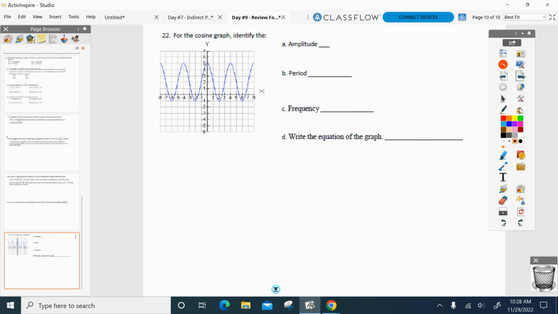All right, amplitude. Use the formula. Max minus min over 2.